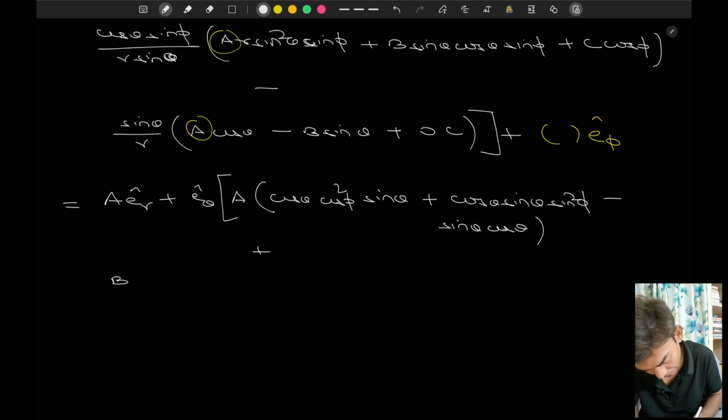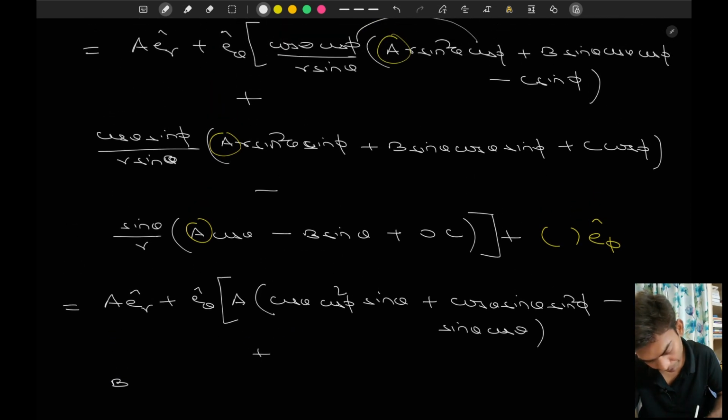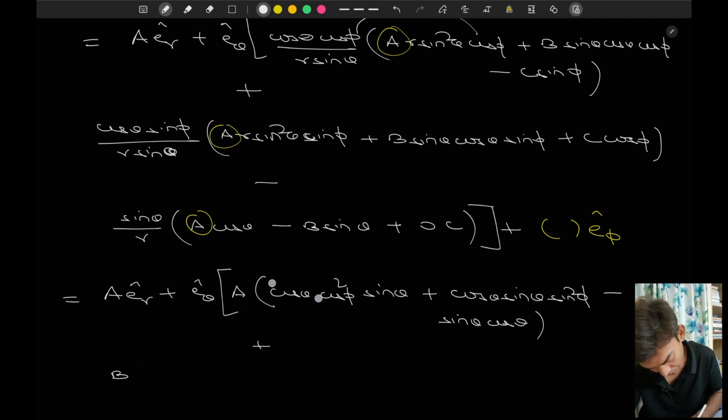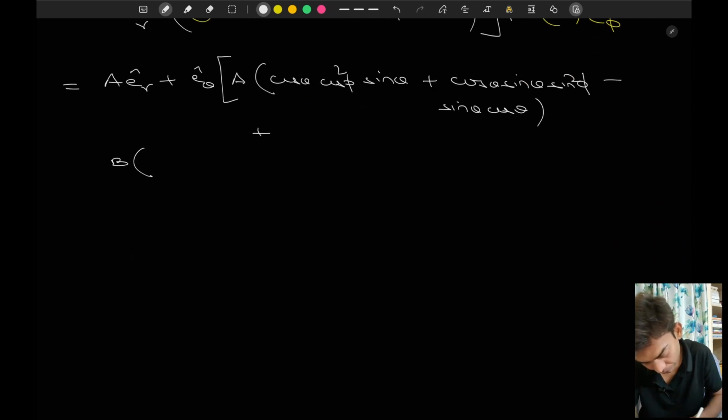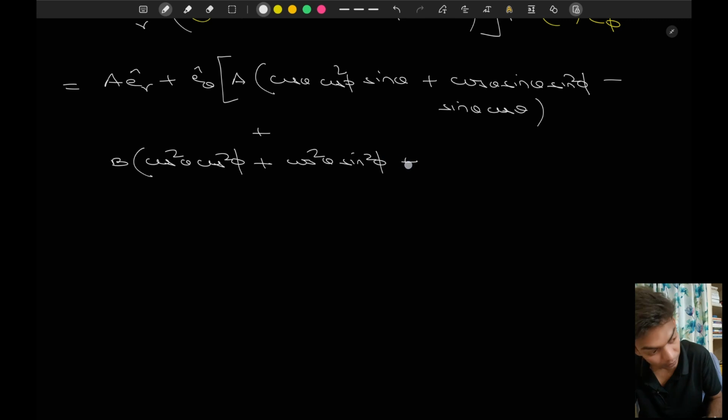Then let me collect the b term. The b term will give me, so please check, cos square theta cos square phi plus cos square theta sine square phi plus sine square theta.